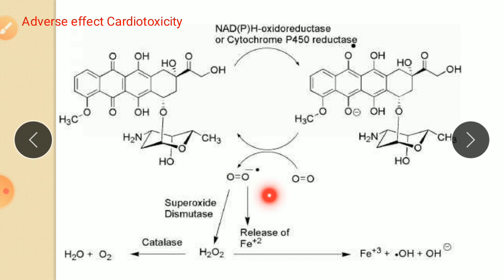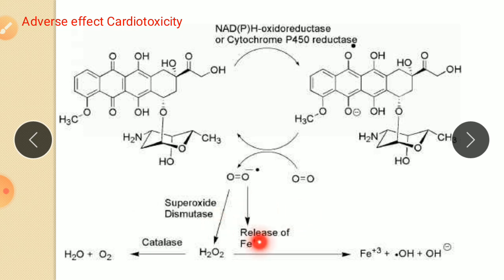Free radical also causes release of Fe2 plus from the storage site, and this Fe2 plus converts this H2O2 into hydroxyl free radical. So this Fe2 plus release diverts this normal reaction to this harmful reaction. So it is a normal process which is harmless, H2O2 conversion into water and oxygen, it is harmless, and the enzyme is catalase.